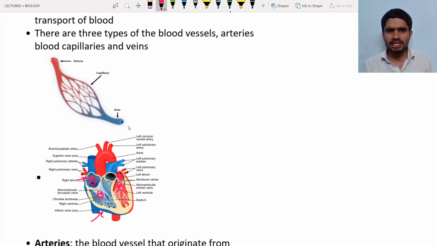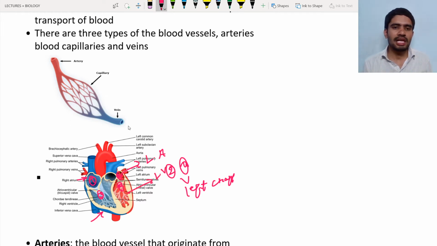The first and third chambers are larger when compared to the second and fourth chambers. The second and fourth are known as the left chambers, the left atrium and the left ventricle. They are smaller when compared to the right atrium and right ventricle. Clearly you can observe here that this chamber is larger when compared to these two chambers.